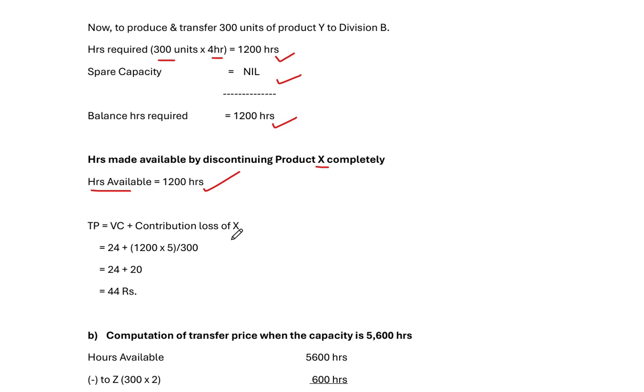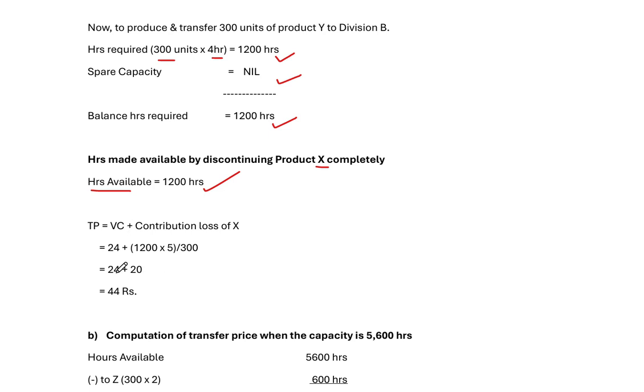Now producing 1 unit of Y requires 4 hours, so our opportunity cost will be 1200 hours into 5 rupees divided by 300 units. If we solve further, we will get 20 rupees as opportunity cost.